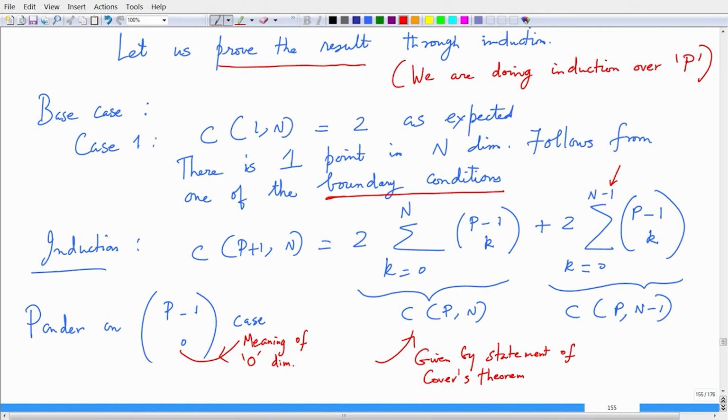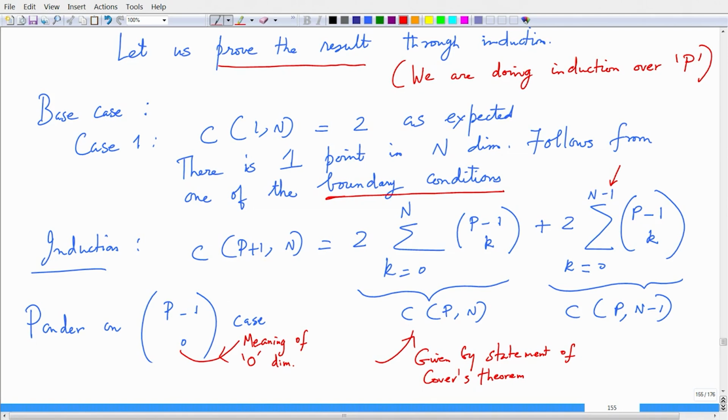The induction step starts with this process. For C of p plus 1, we assume that the result is true for dimension, say, m equals n, and then we look at the case. Here we are doing induction over the number of points. So, we have to look into the case where we bring in the number of points as our parameter.